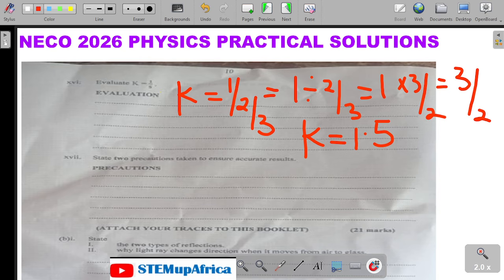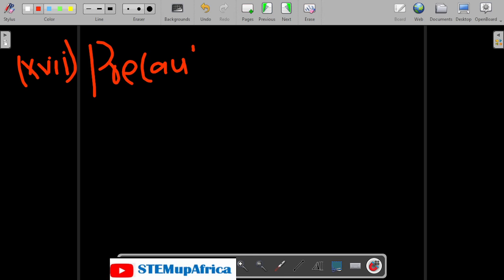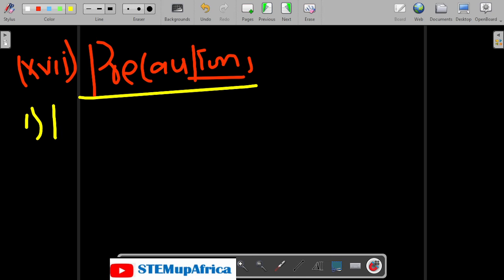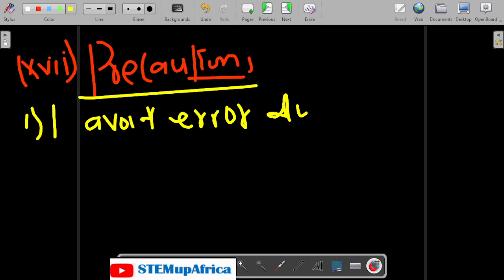So next question, numeral 7, says precautions. So what are the precautions? Let me write what is common, known to most people. Number 1, avoid error due to parallax.